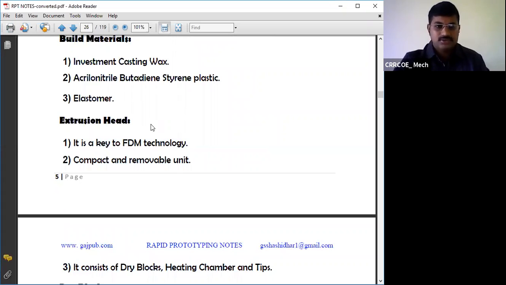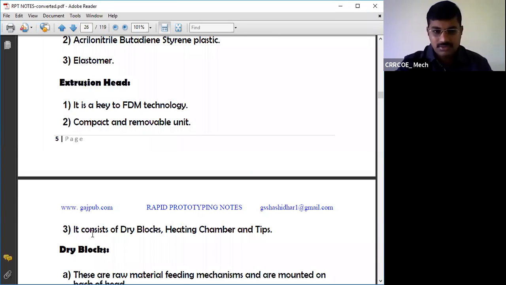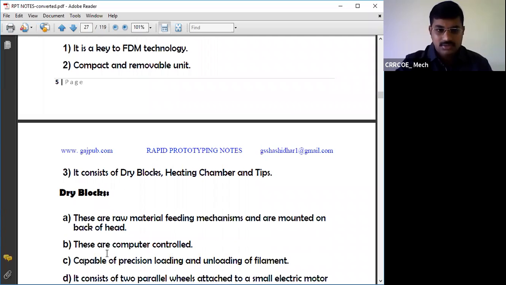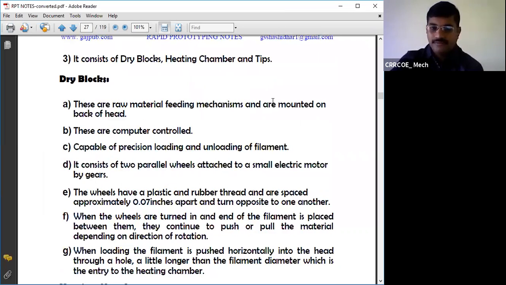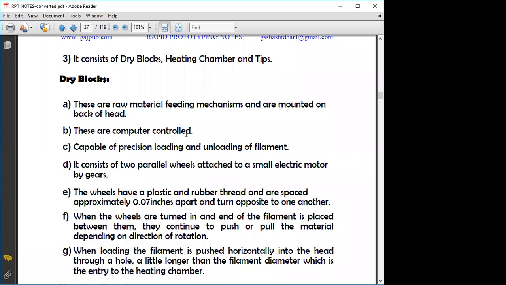This is the extrusion based rapid prototyping technique. It consists of dry blocks and heating chambers. About dry blocks, they have given clear information. These are the raw material feeding mechanisms. That is material supplying. These dry blocks are used for the material supplying, mounted on the back of the head.